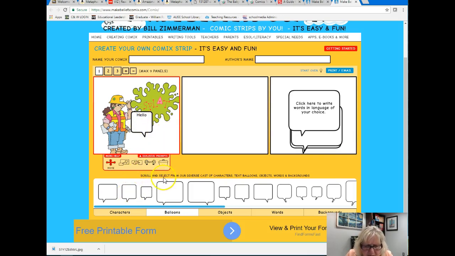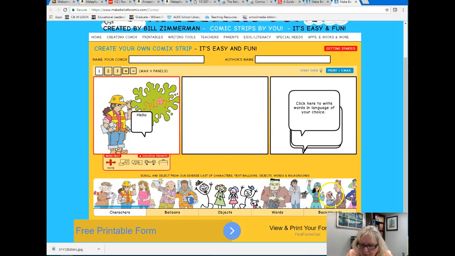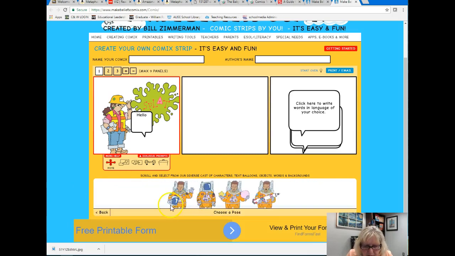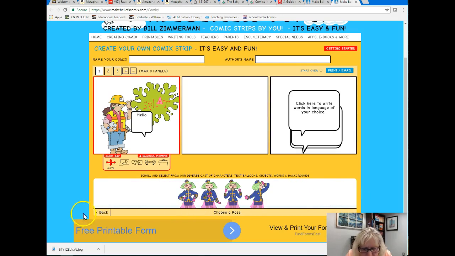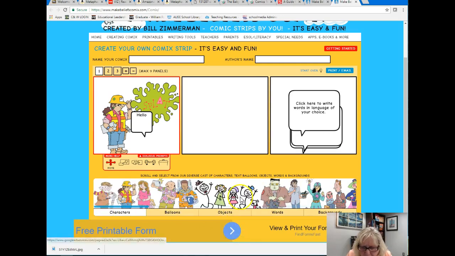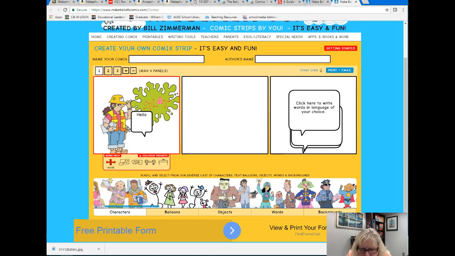I'm trying to remember if this one has a diverse cast of characters. They do have Frankenstein. I don't know if I'd call that diverse. How do I go to the end of the characters? Oh, there's a way to scroll through these characters. Oh, there we go.